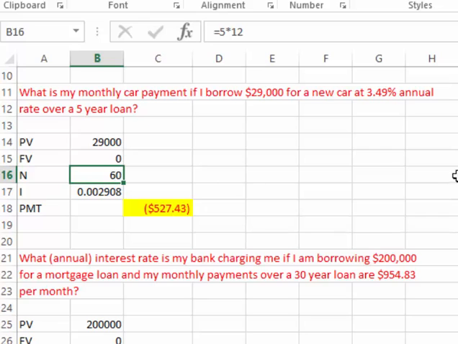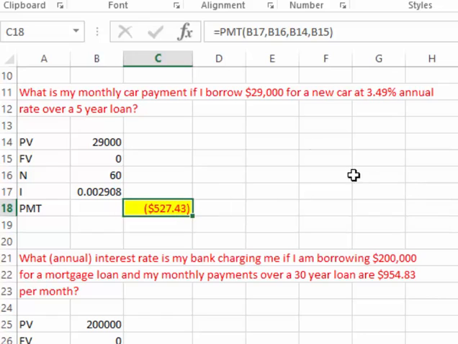The number of periods is 5 years times 12 periods per year, so that gives us 60 periods. The periodic interest rate is going to be equal to the annual interest rate of 3.49% divided into 12 parts because we've got 12 months, so the periodic rate is basically 0.291%.